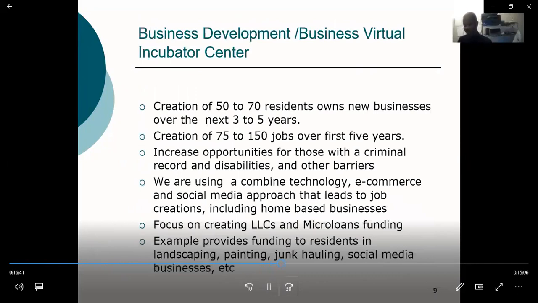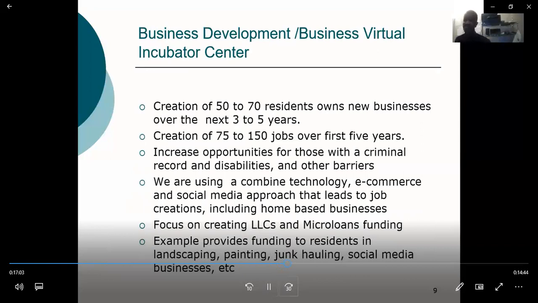Business Development Center. Let's talk about the Business Development Center. And as you can see, the number of businesses that we're looking at possibly bringing on board is 50 to 70. Our strategy is going to be focused towards home-based businesses.